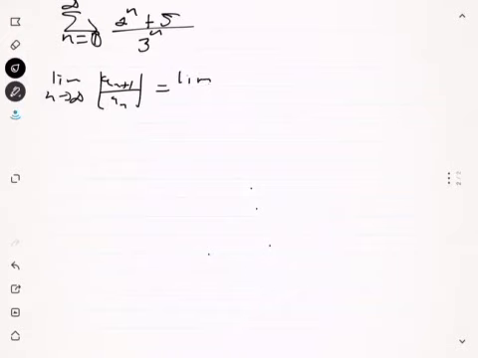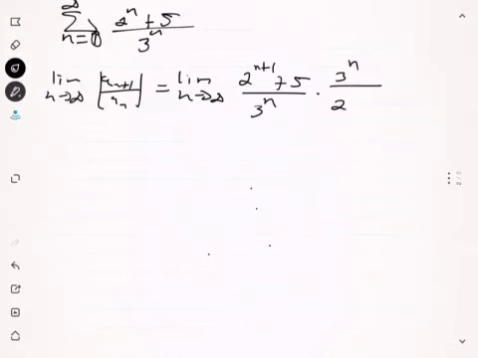This is the limit as n approaches infinity of 2 to the n plus 1 plus 5 divided by 3 to the n times 3 to the n divided by 2 to the n plus 5.